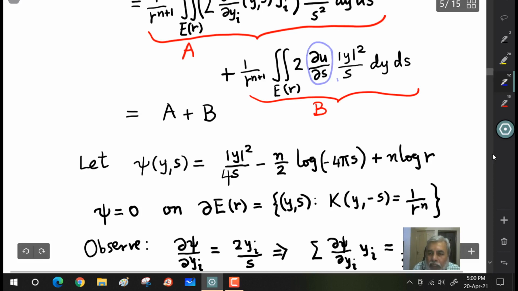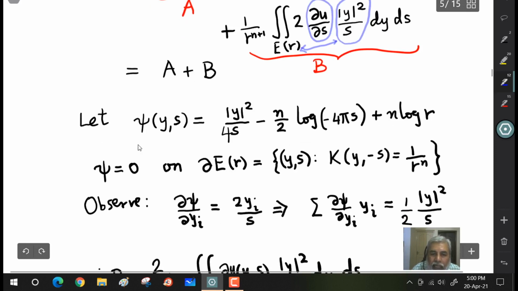But what about this other factor? That factor somehow we want to connect to this E(r) and try to express in terms of E(r).